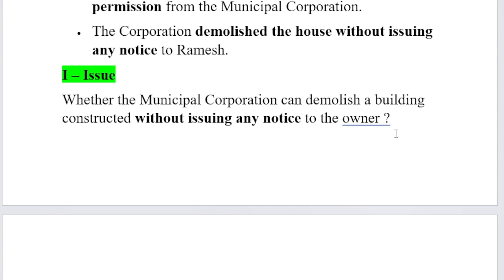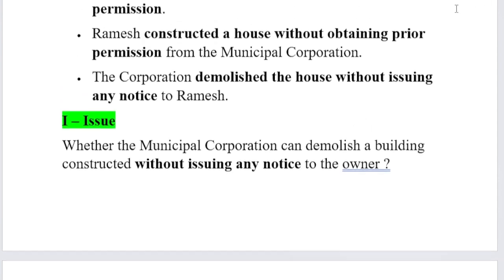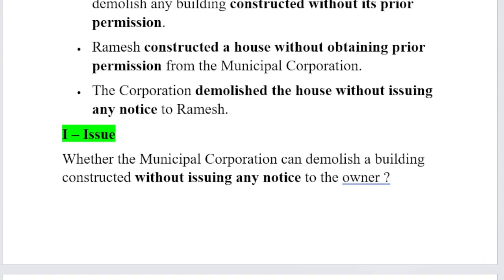Here, as per the prevailing law, the municipal authorities need not follow the procedure of giving notice. That means they have powers under the statute, act or legislation, that they need not give notice if a person constructs his house without getting the proper permission.